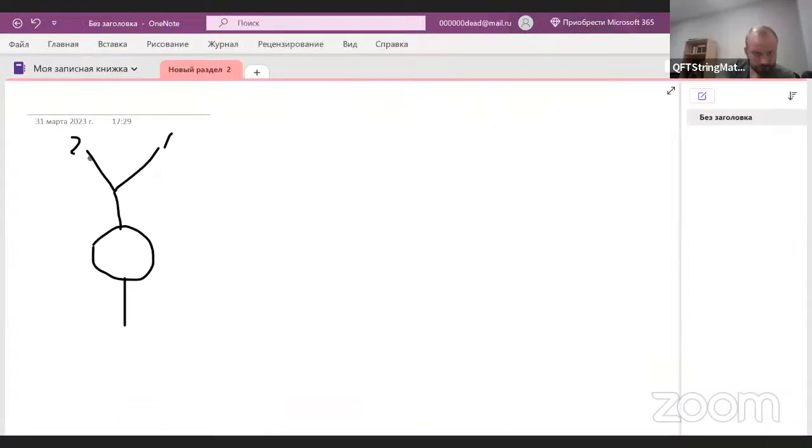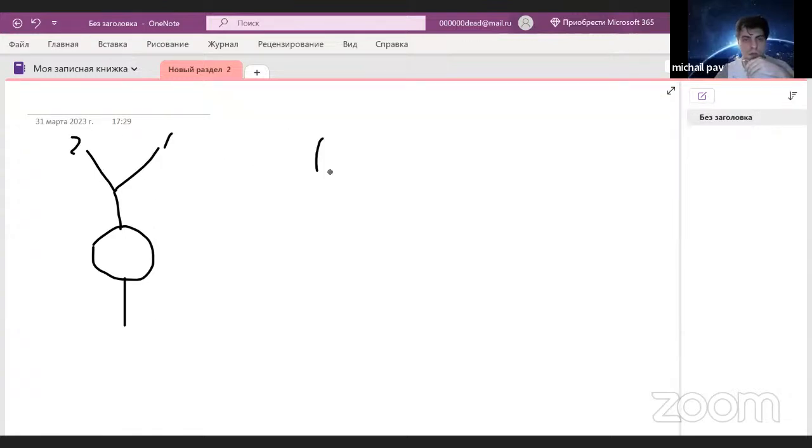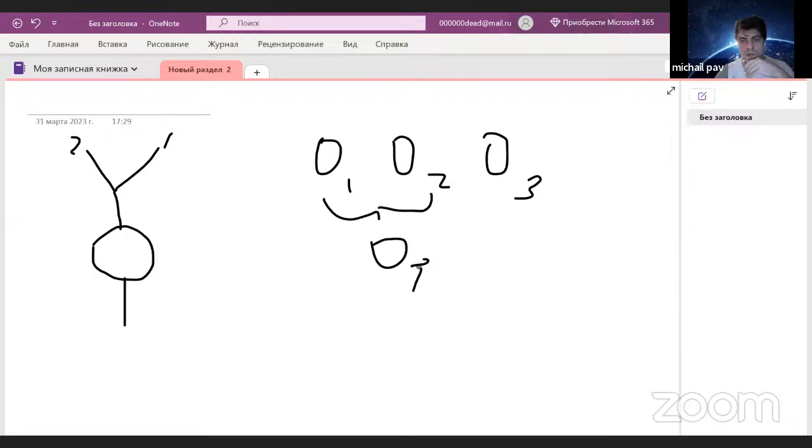So we have this block with two fields. We have O1, O2, O3, and we take the operator product expansion between these two in order to obtain some operator which acts on the family. Then here we have the third field.